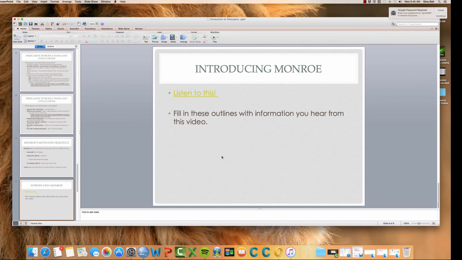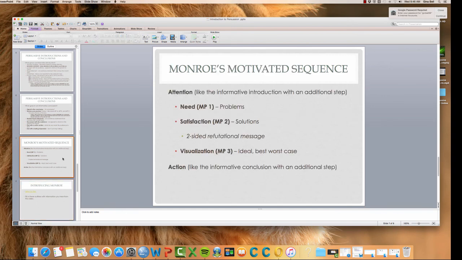What I'd like you to do now is go ahead and pull out the document I asked you to print, which is the Introduction to Monroe's document, and print it out so that you have it in front of you. It looks like an outline of the persuasive speech sequence right here from Monroe's motivated sequence.